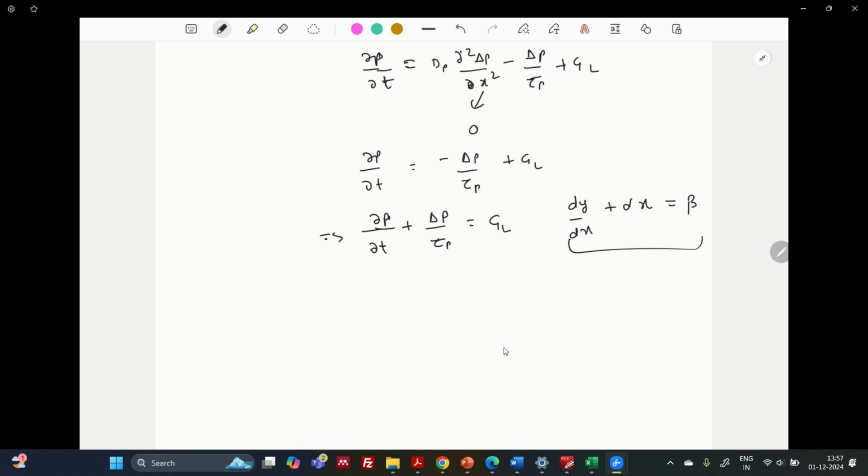We calculate an integrating factor and multiply on both sides. How do we calculate that? The integrating factor is e to the power of the integral of the coefficient.